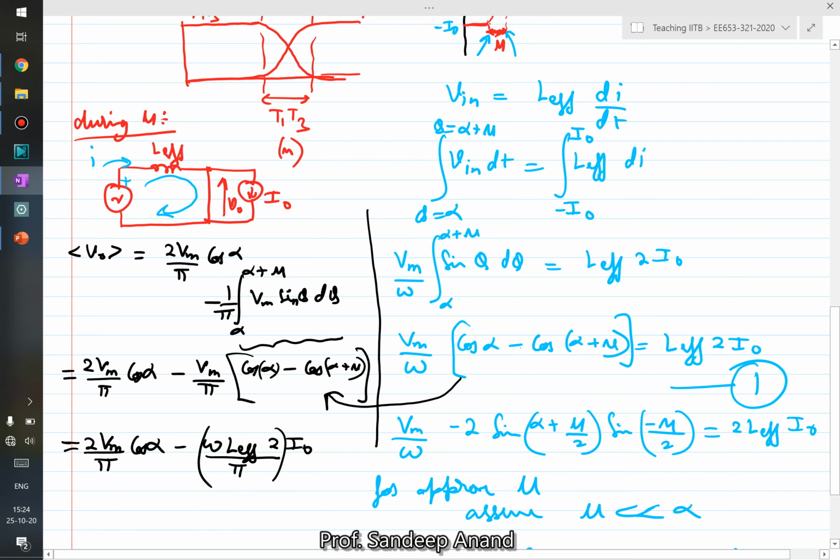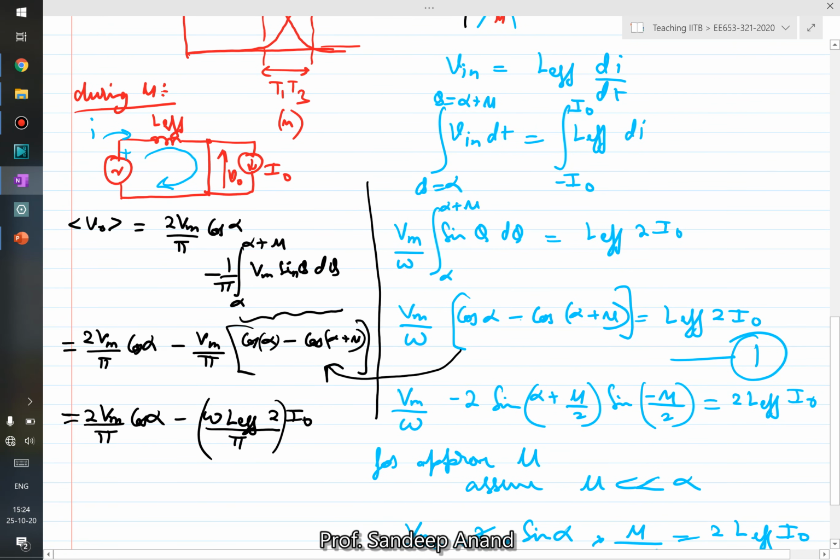This is going to be your new average voltage. Obviously, as we expected, the average voltage is less than the average that you would have got if this had been an ideal source. And this difference, the drop in the average voltage, is proportional to the effective inductance, the output current and the frequency.